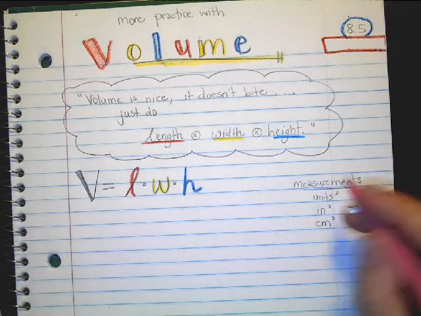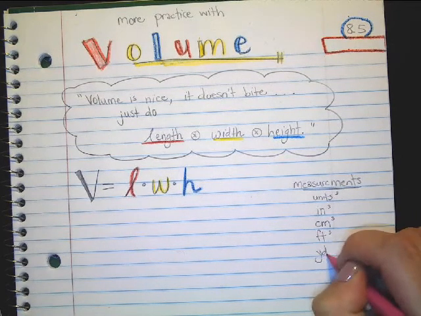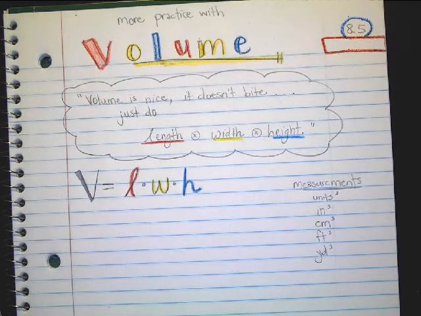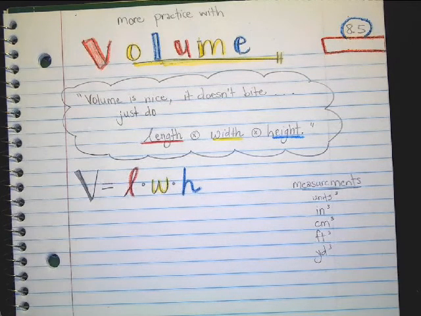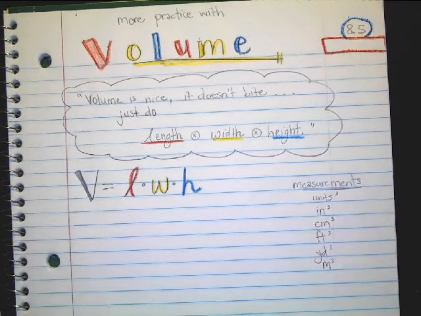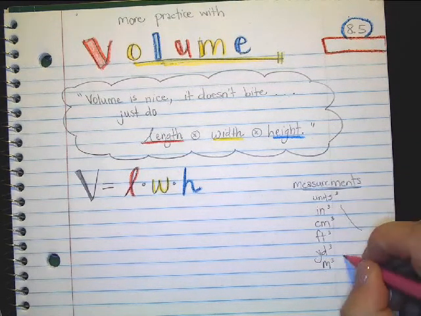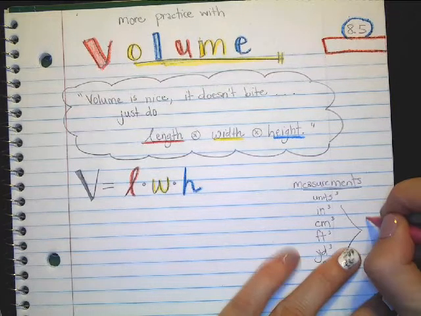Inches, centimeters, feet, cubed, yards, cubed, inches, oh, very good, inches. Oh, maybe even meters, cubed. And all of these can also be written as cubic units. Okay, so all of these are what we call cubic units.